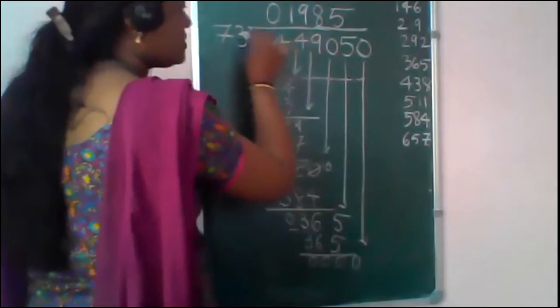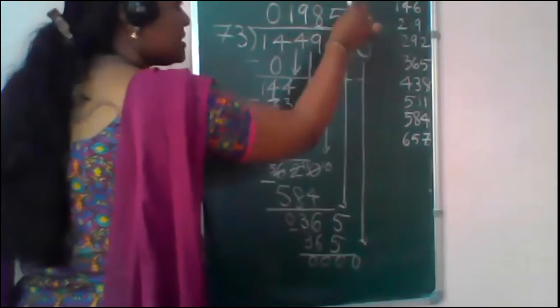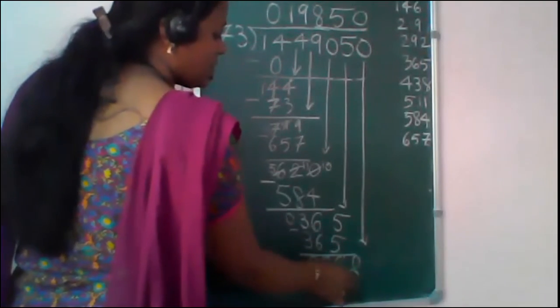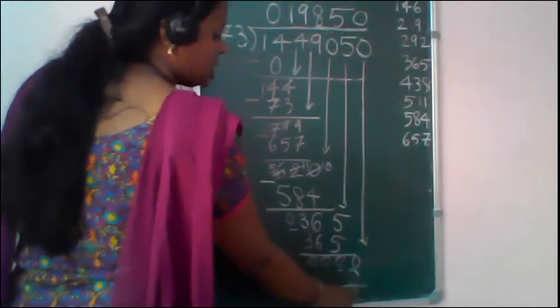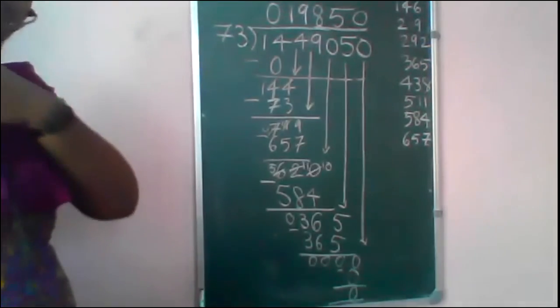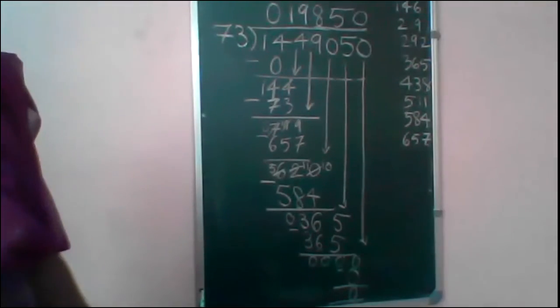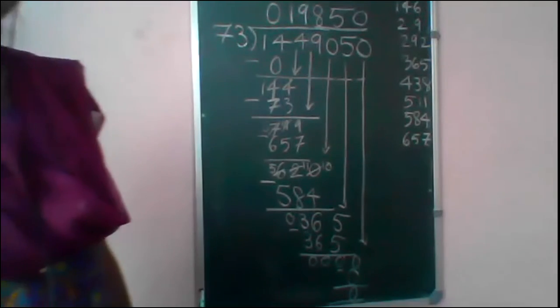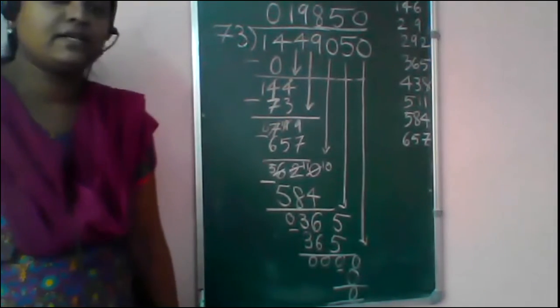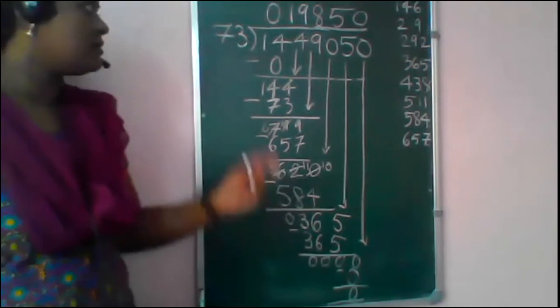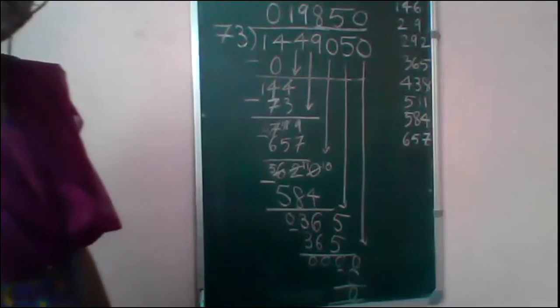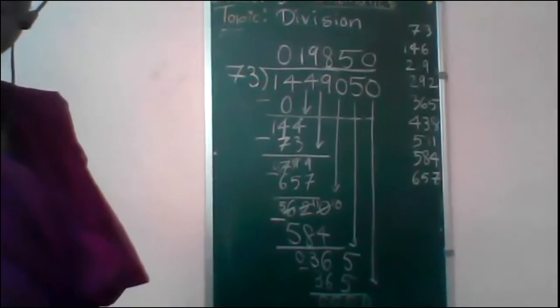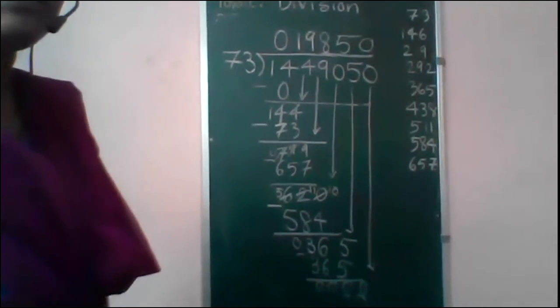So this 0 also needs to be considered. So we place 1 0, zeros are, and then we get finally the remainder as 0. So the quotient is 19,850. Remainder is 0 and the divisor is 73 with the dividend 14,49,050.